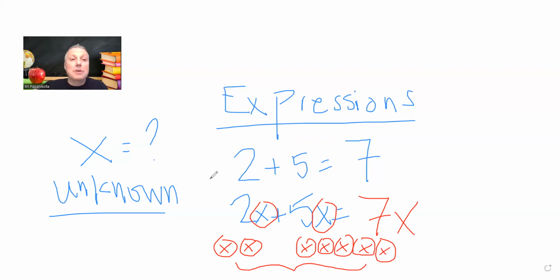So we could actually add them, but we have to make sure that they are like terms. Pretty much things that could be gathered, could be grouped.